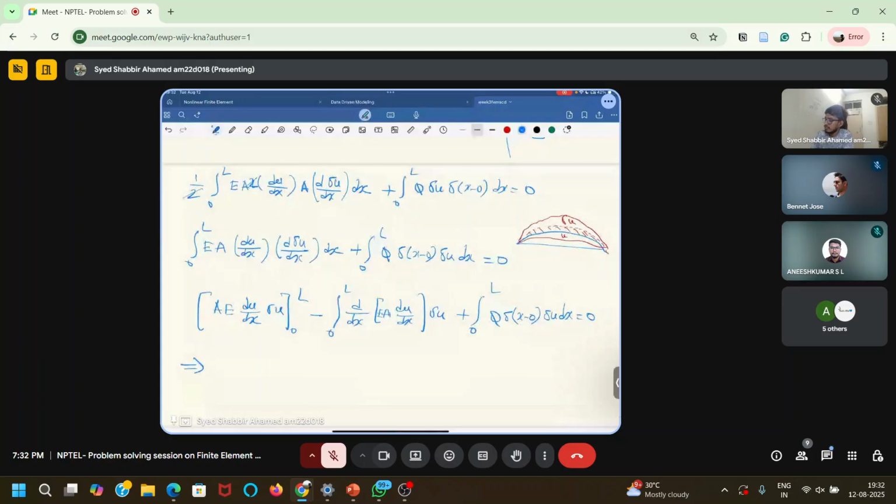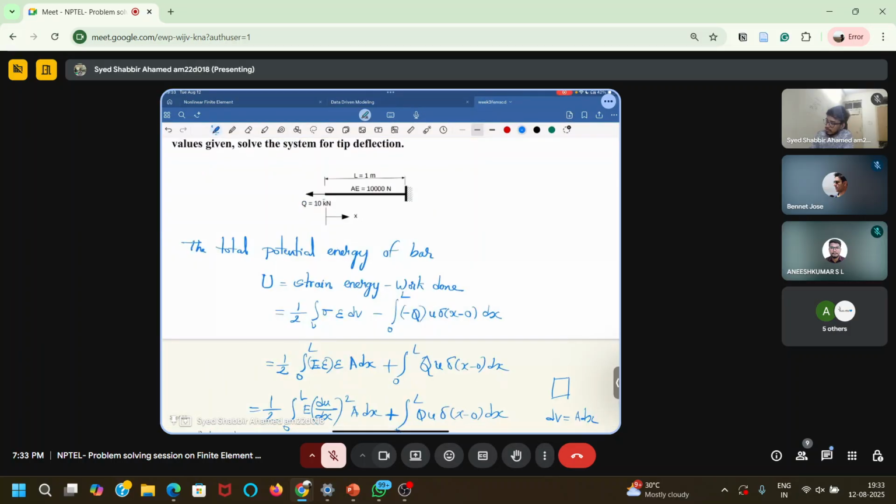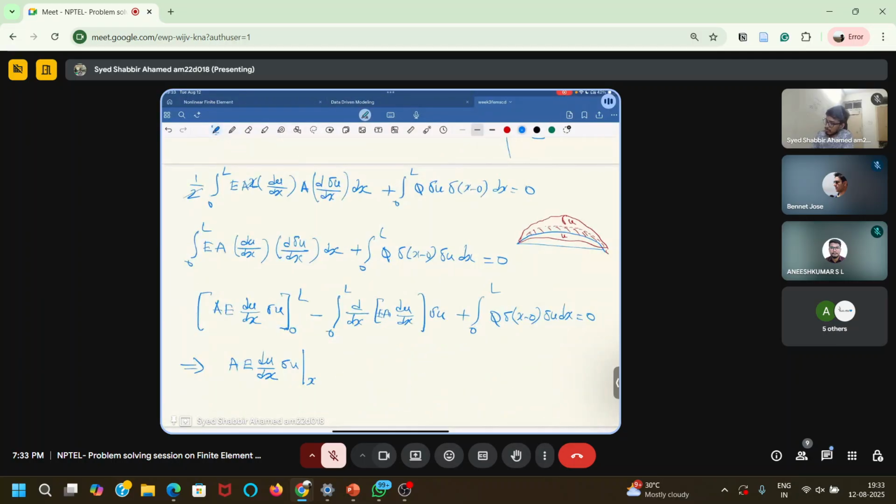Now I can write this. If I expand this, I'll get A E into du/dx into del u at x equals 0, minus another term: A E into du/dx del u at x equals L. We have to remember the essential boundary conditions, because at x equals L our bar is fixed.